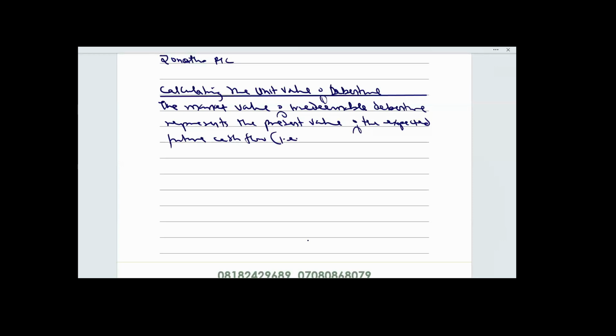So that fixed interest that the company will pay to the debenture holders is the future cash flow, discounted at the cost of debt, or yield. Internal rate of return is the same thing as yield.